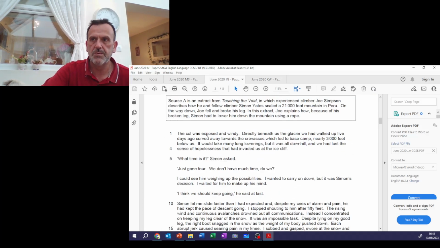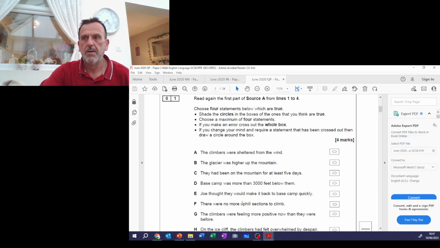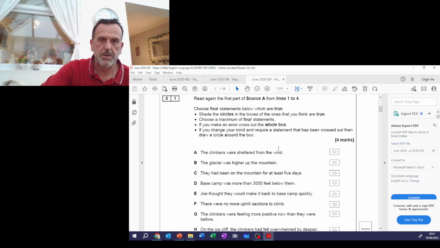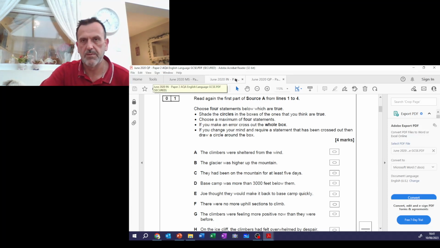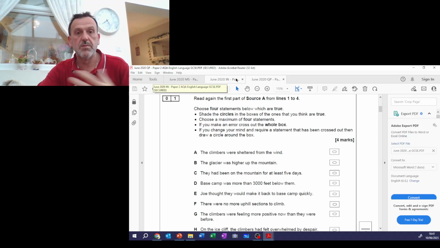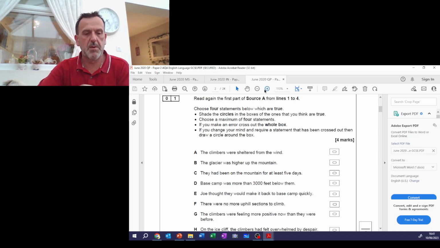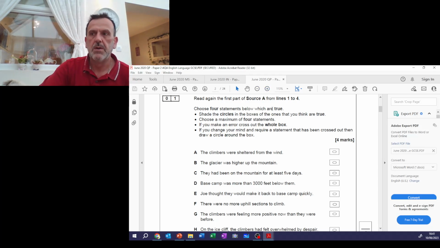You look at 1 to 4. The coal was exposed and windy. Straight away, it's obviously not going to be A, right? Because the actual place they're in is exposed and windy. Now, obviously, we're trying to get you there to do the inference that it's talking about where they are. It doesn't specifically say they are, but it's implied.